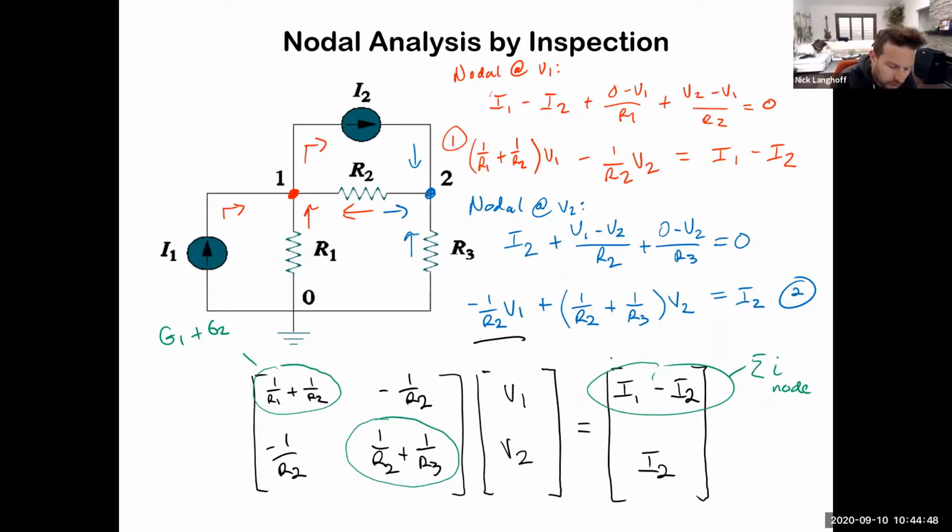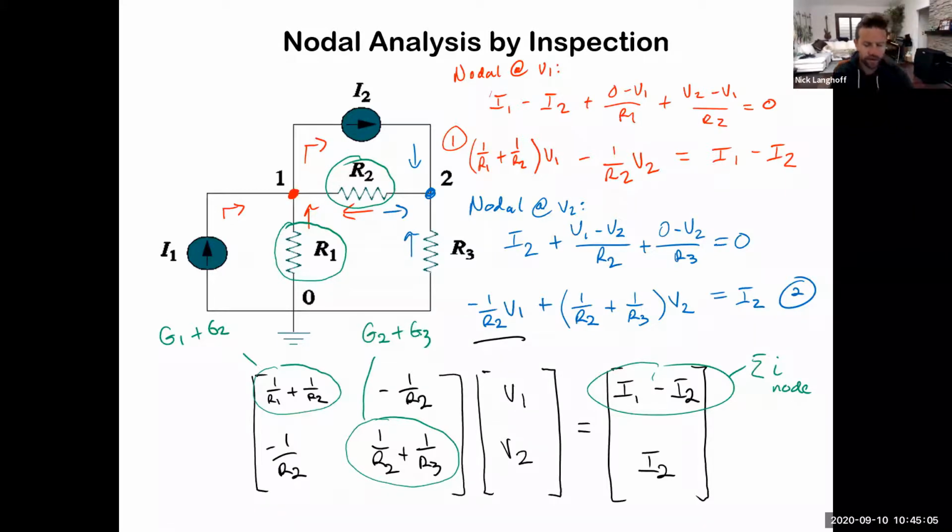Notice that that is accounting for the resistive paths connected into node 1, in fact all the resistive paths connected into node 1, and that one's on the diagonal. If you look at the value here, this is G2 plus G3. Isn't that interesting? That's the sum of the conductances connected to node 2, isn't it? We're seeing a pattern here.